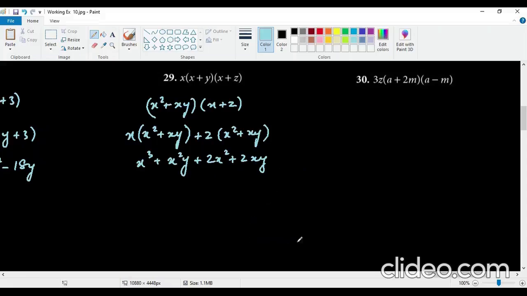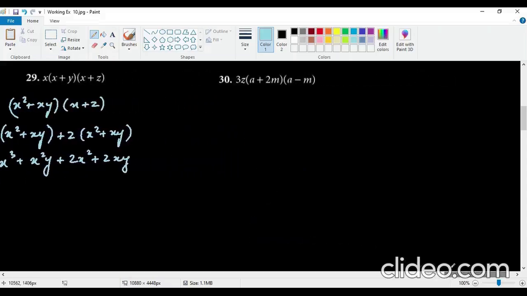When it comes to question number 30, so first one is going to give me a 3az multiplied by next one is going to be 6mz. Alphabetical order should be kept in mind, and this is going to be multiplied by a minus m. So first I will write 3az multiplied by a minus m.